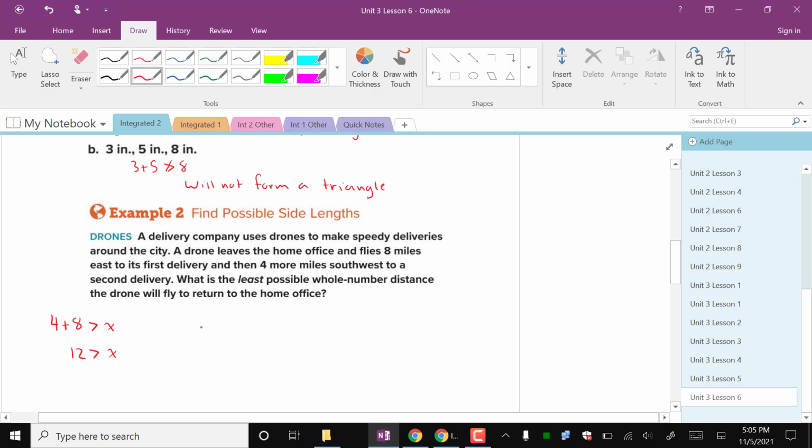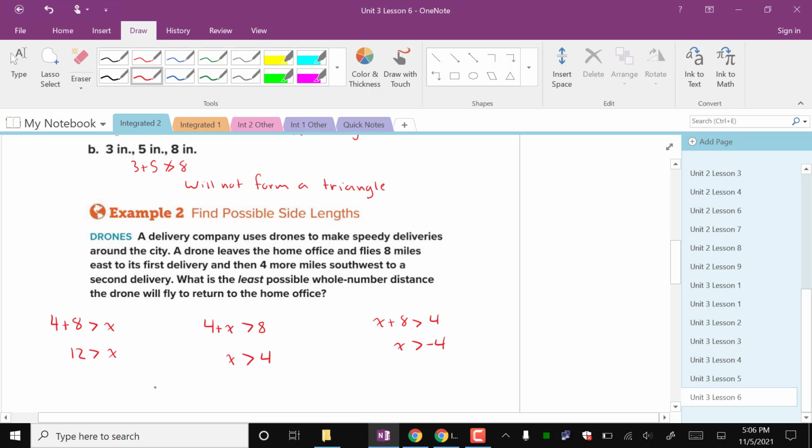So that's one possibility. Another possibility would be 4 plus, we don't know what that distance is, is greater than 8. So subtract 4 from both sides, we have a distance of 4. And then our third one is our unknown distance plus 8. Is that greater than 4? Well, if I do this one, this gives me a negative, and a negative wouldn't work. So it's going to be a number between 4 and 12.